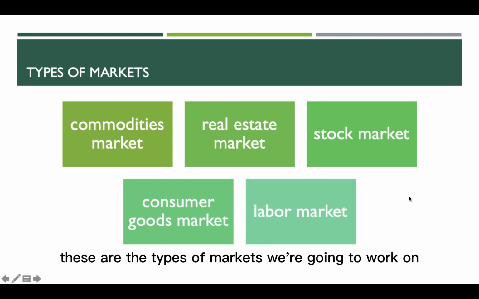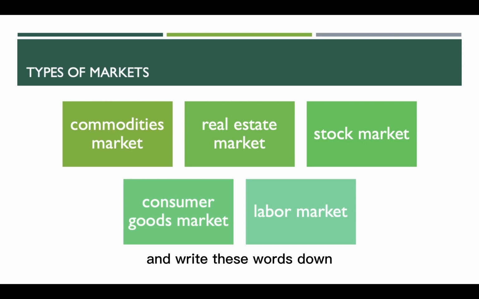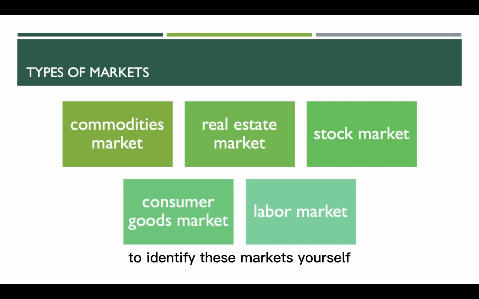These are the types of markets we are going to work on. Now I would like you to take out a piece of paper and write these words down, because in the following slides I am going to ask you to identify these markets yourself.